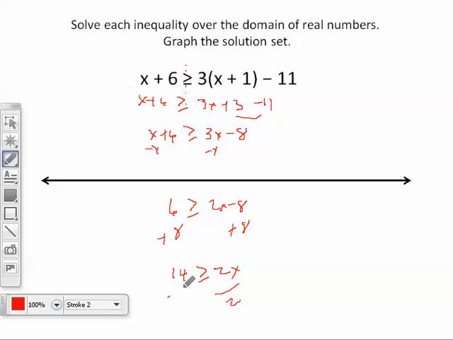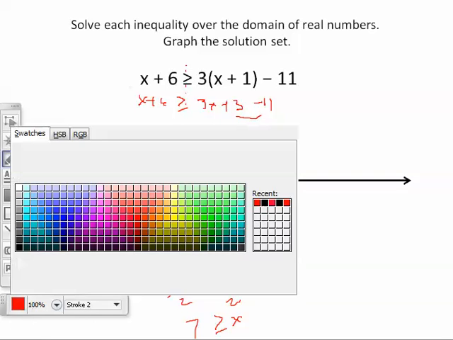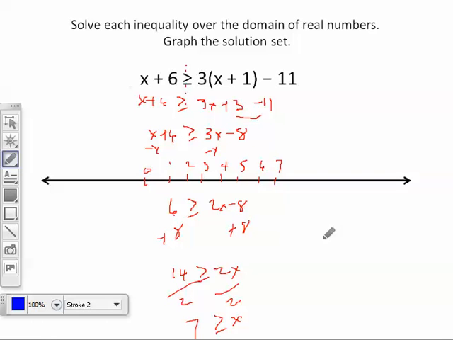Dividing by 2, I'm going to get that x is less than or equal to 7. Okay, well, 0, 1, 2, 3, 4, 5, 6, 7. Change color so that you can see what I'm going to do with it. Okay, and it's x is less than or equal to 7.